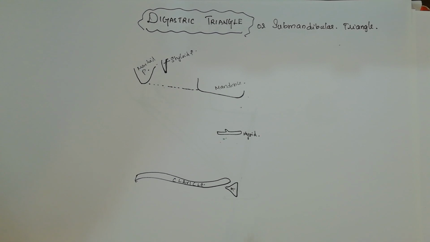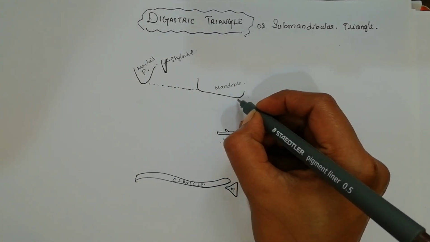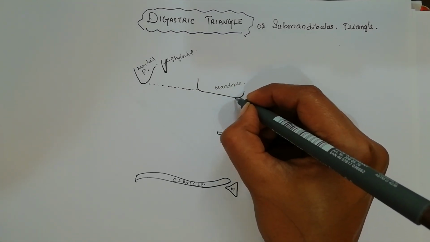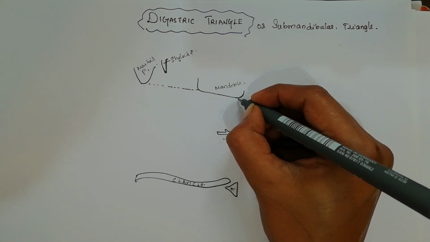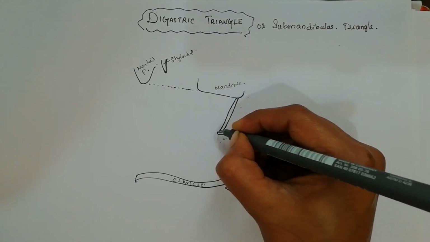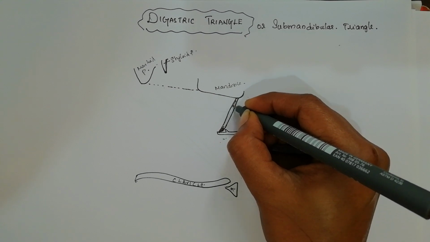Now we have got two muscles. From the symphysis menti, behind that we have got the digastric fossa. From the digastric fossa of the mandible we have a muscle coming, and that muscle is nothing but the anterior belly of digastric.